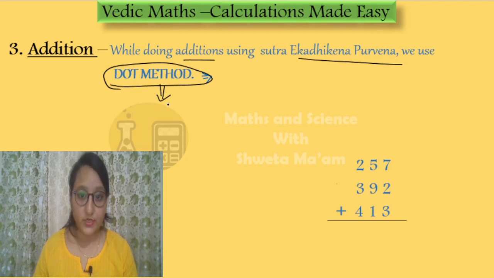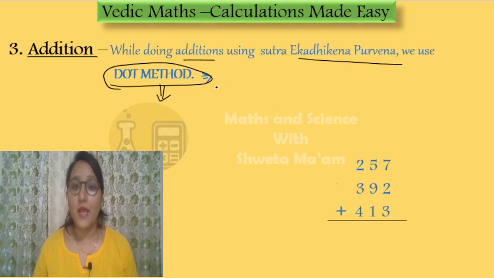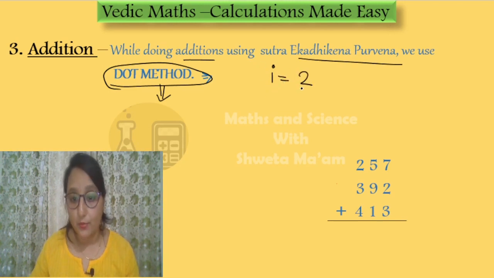What is the dot method? In Vedic maths, whenever we apply a dot over any digit, suppose I say 1 dot, then this digit is considered as its succeeding number. Similarly, if I say 2 dot, it will be considered as 3.